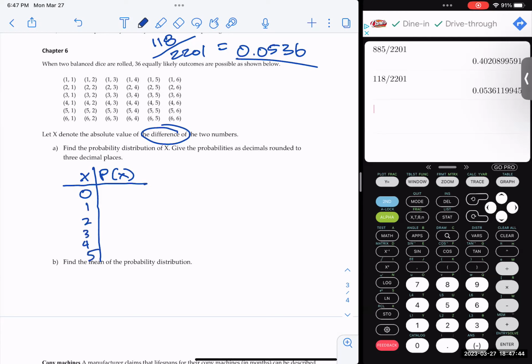There we go. Yes, Connor. Yeah, so I'm taking just the absolute difference. So like if you said 1 minus 6, it'd be -5, right? I'm just taking that to be 5 from the 6 minus 1.